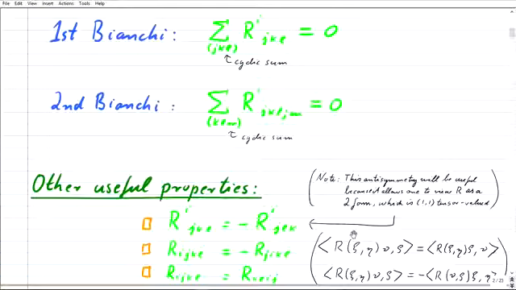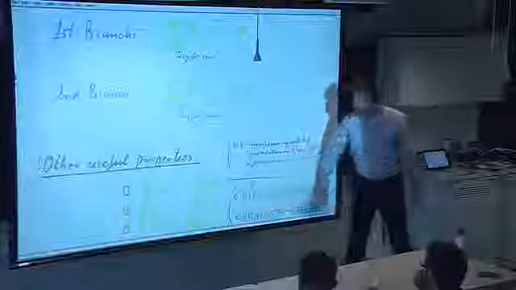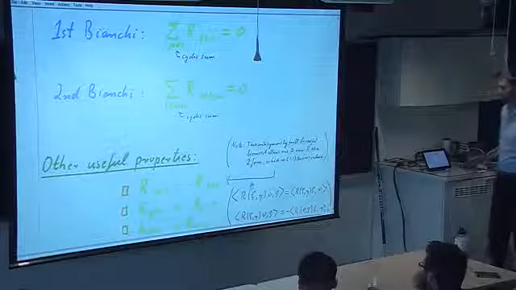If you pull down the first index so that all are covariant indices, then we also have antisymmetry in the first two indices. And there's a symmetry in exchanging the first two with the last two indices. So if we just exchange those two with those two, see here, that's a symmetry. And here are these equations written more abstractly, not choosing a basis.